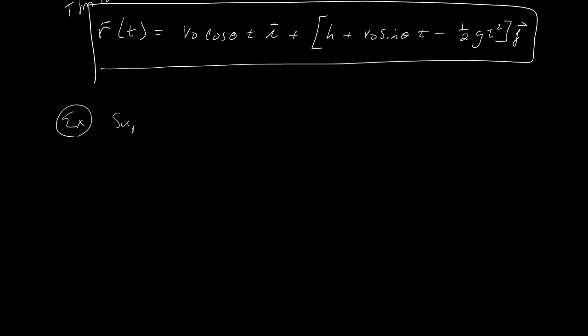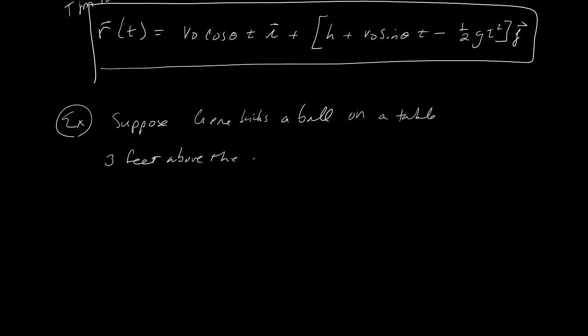All right, so suppose Jean kicks a ball on a table 3 feet above the ground, at a 45-degree angle, with initial velocity 80 feet per second.